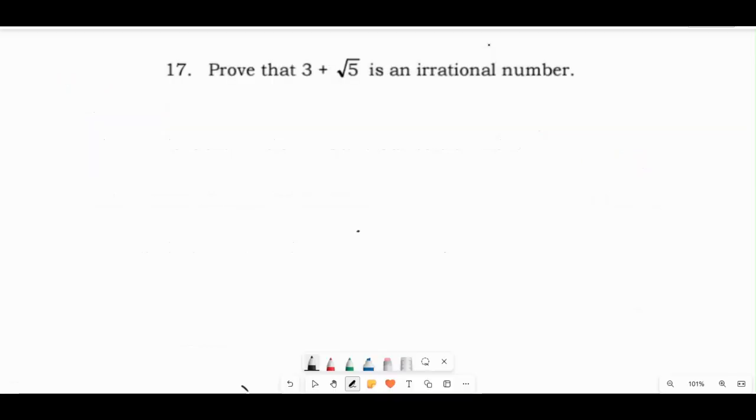So here the 17th question is, prove that 3 plus root 5 is an irrational number. So to prove this, it is an irrational number. Let us start the solution. Let us assume that 3 plus root 5 is a rational number.